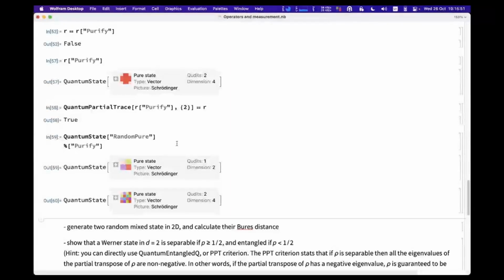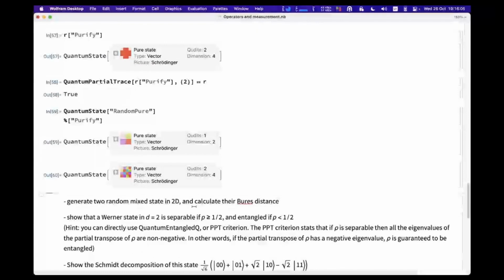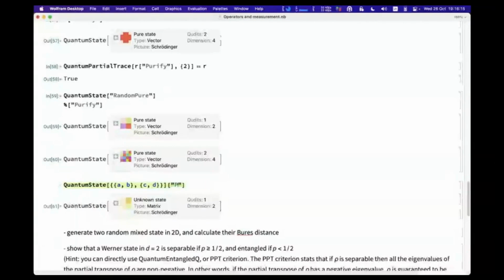Therefore, there are some cases where people are interested to go into a higher dimension without changing the elements of your density matrix. So one more time, for example, Nick, let's create a symbolic mixed state, let's call it A, B, C, D. And let's purify that. I know it's unknown because it's not clear whether it's mixed or not.